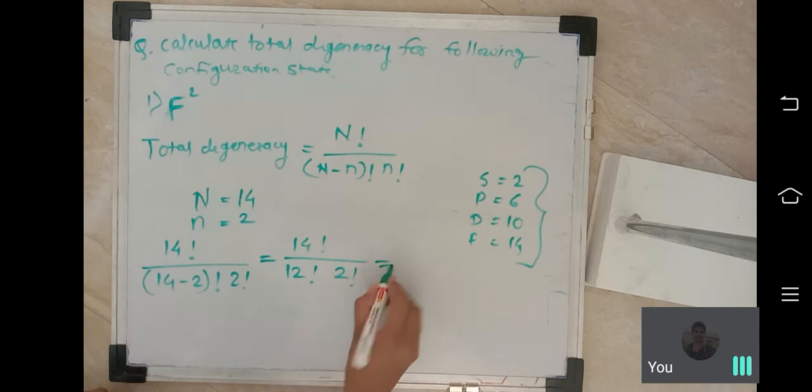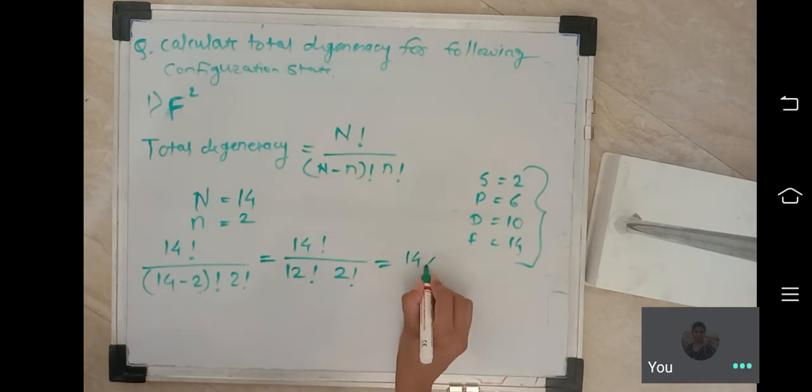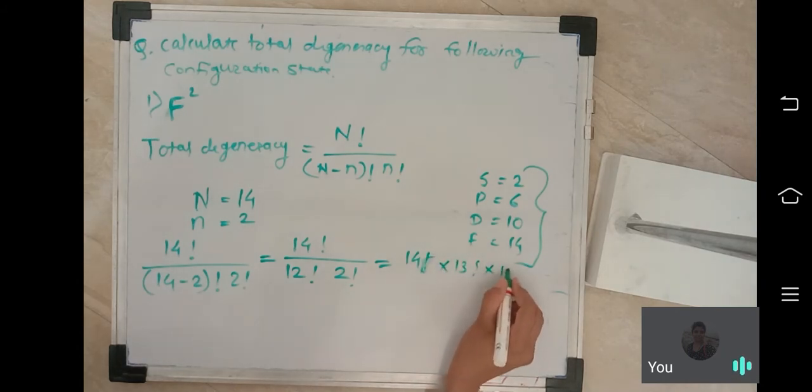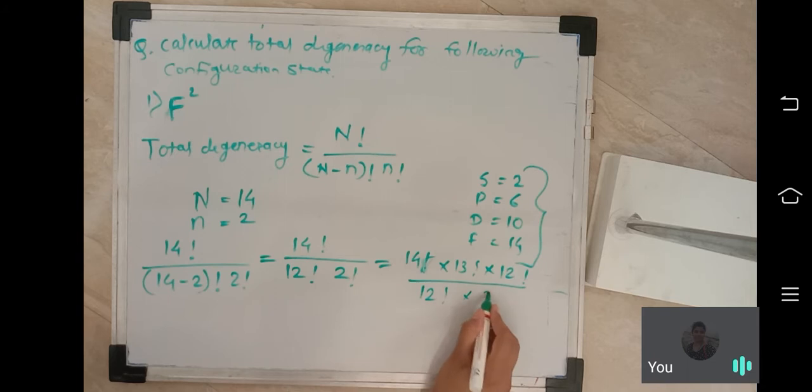Writing in simplified manner, 14 times 13 times 12 factorial divided by 12 factorial into 2 factorial.